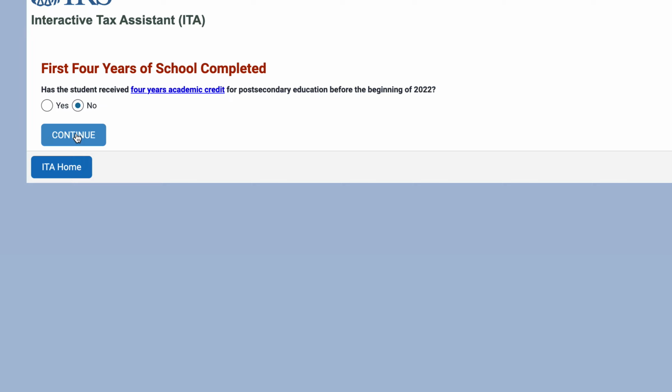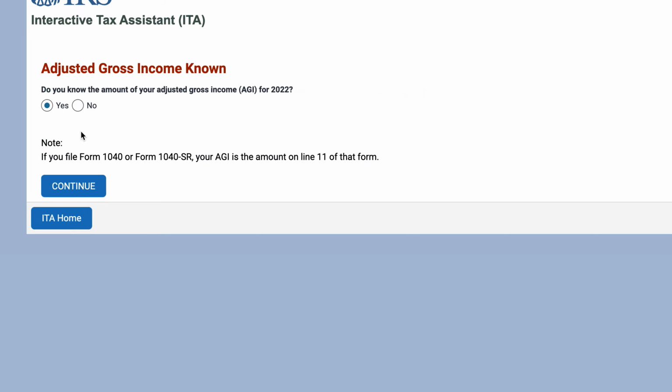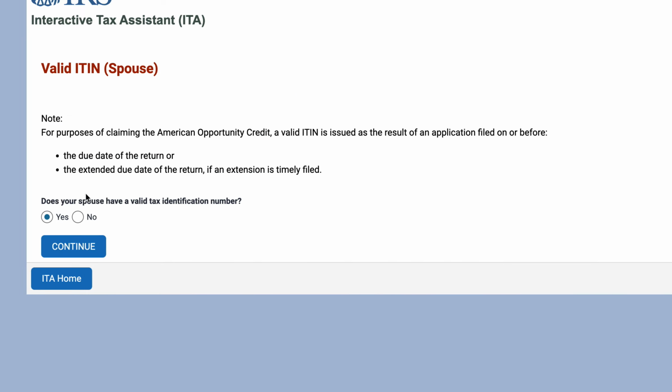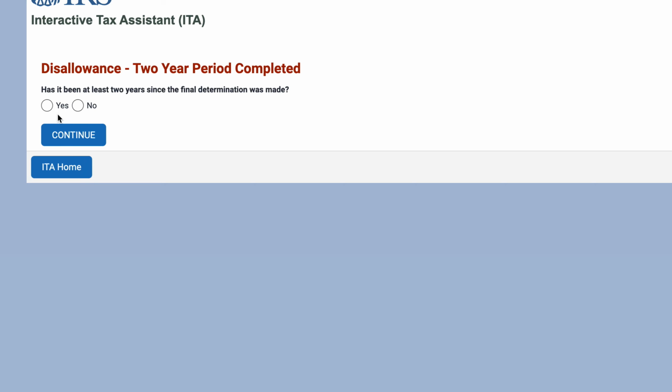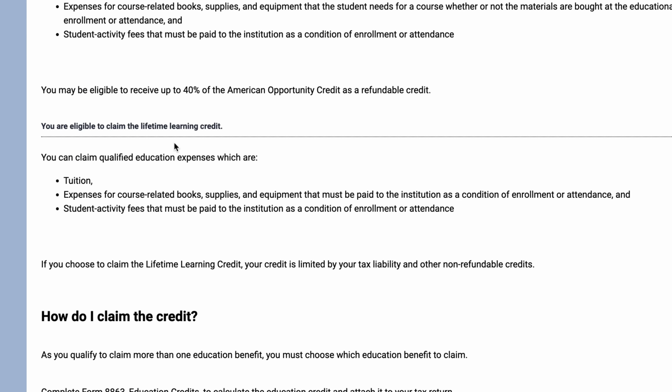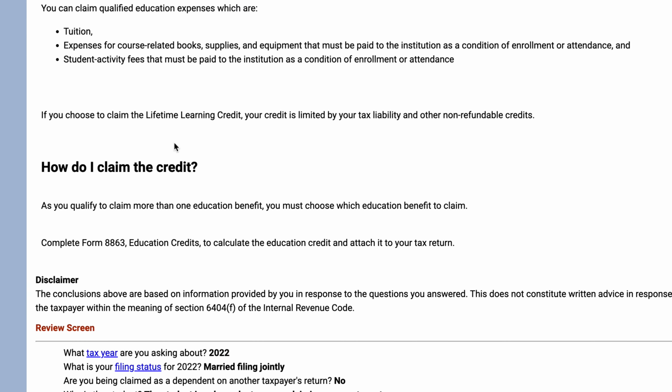Now it picks up with the regular decision tree, and it looks like we would probably be on track to be able to claim that credit. So if you've had a refundable tax credit that was disallowed because you previously had the IRS make a determination that you did not just make a simple mistake, that you tried to claim a credit that you were not entitled to, the IRS actually punishes certain taxpayers if they go too far.